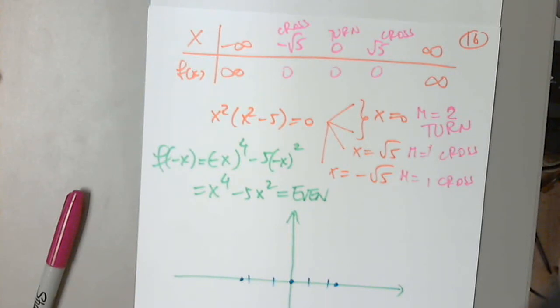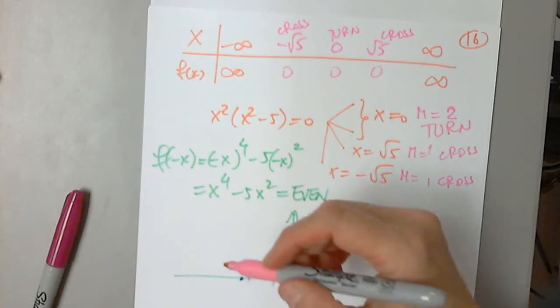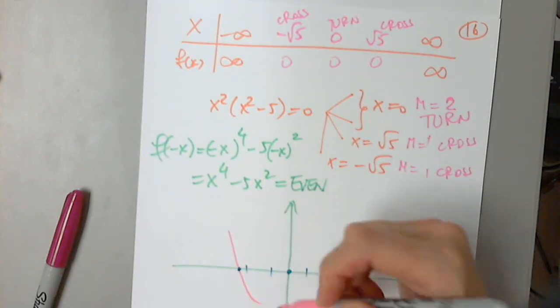And it has to come back and turn again and go to infinity. One more time. From positive infinity, it has to turn somewhere because it has to come back at 0, 0 where it has a turn, it has another turn here and crosses. It cannot have more than 3 turns. It will have 3 turns. So from positive infinity, turn.